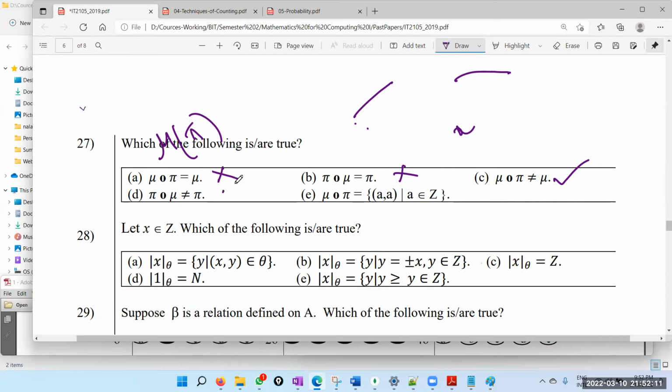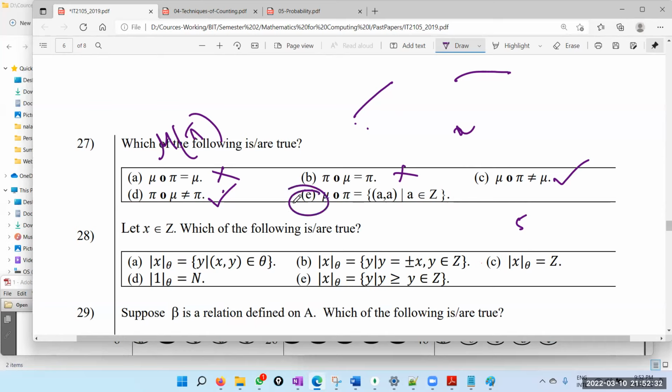You must come back to yourself. And this is correct: mu 0 5, because 5 is the inverse, it must map to the same. If you start with 5, you must end up with 5 because you undo it.